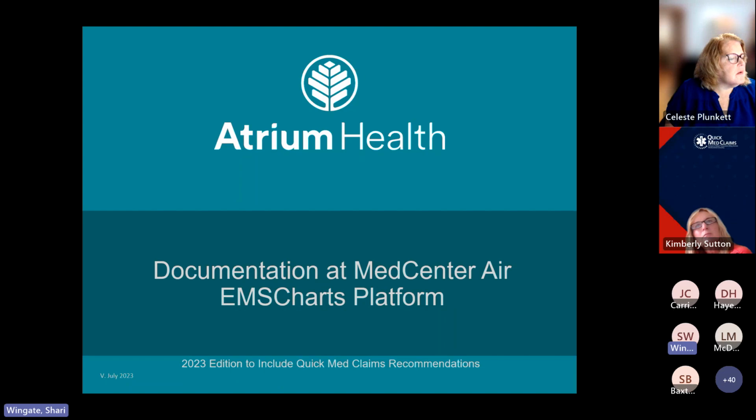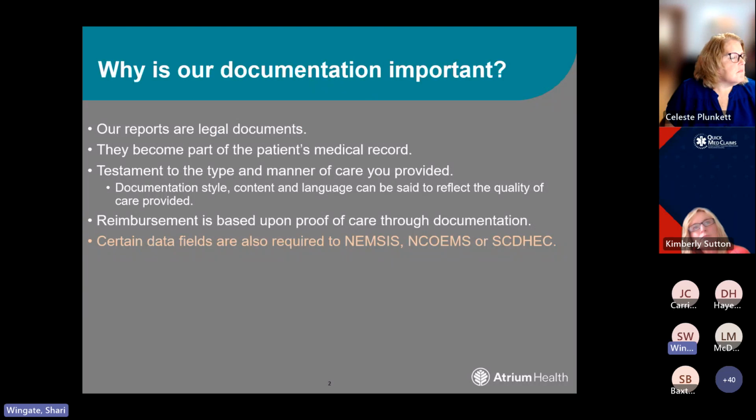Okay, so like I said, I'm going to run through this really quick. But this is kind of like putting the Med Center Air spin on everything. So again, repeating what she said, it's so important for our documents to be accurate because they are legal documents. At any point in time, they can be pulled into court. Also note that certain data fields are required by NEMSIS, North Carolina OEMS, and South Carolina DHEC.